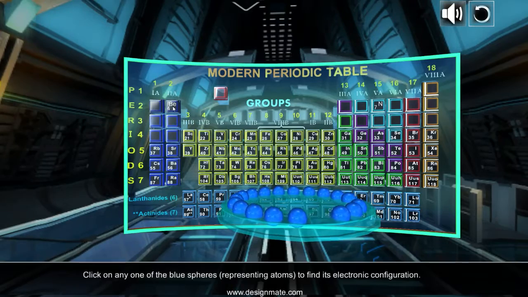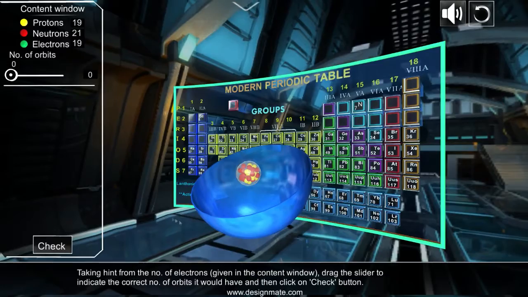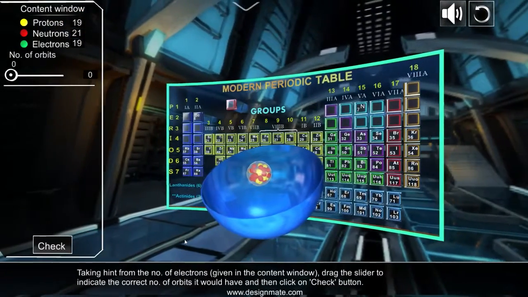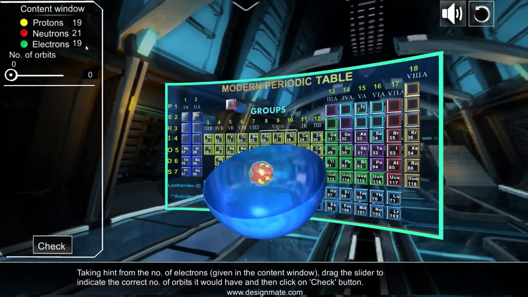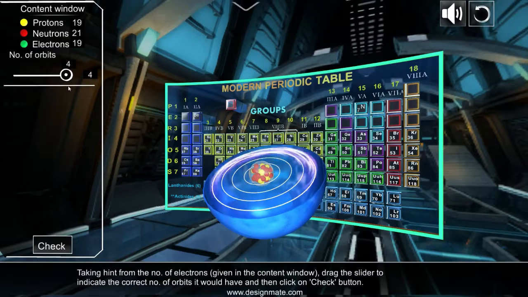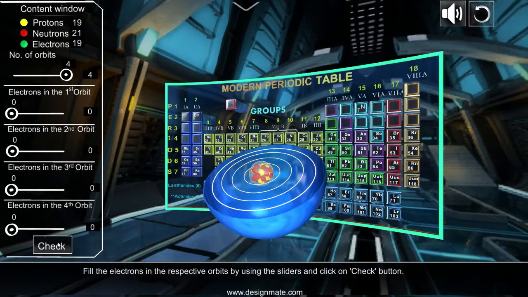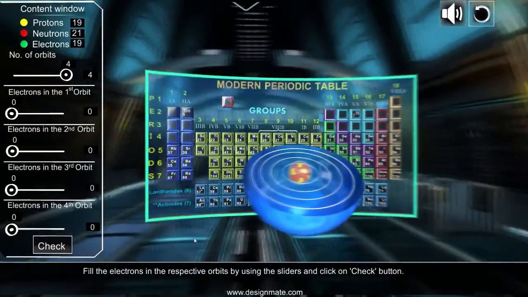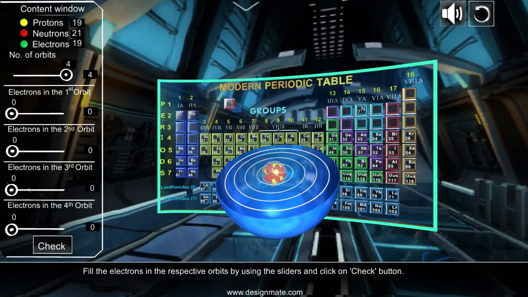Let's try out with a bigger atom. There are 19 electrons in this case. The number of shells, let me put in 4 shells and check. So there are 4 shells in this atom. Out of these 4 shells, the first shell has 2 electrons, which is the maximum capacity. Remember here that the maximum capacity is given by the formula 2n squared.